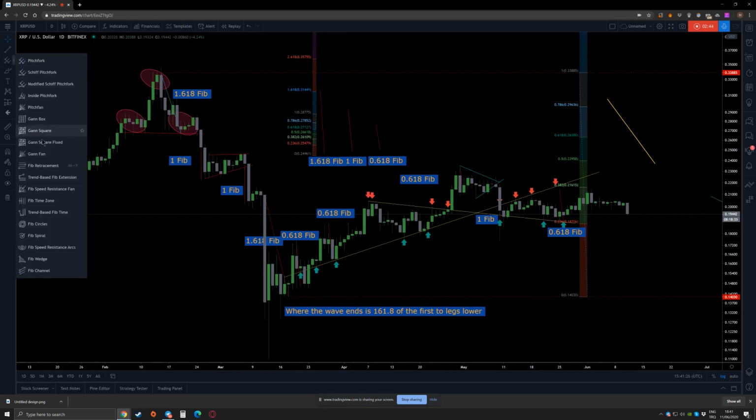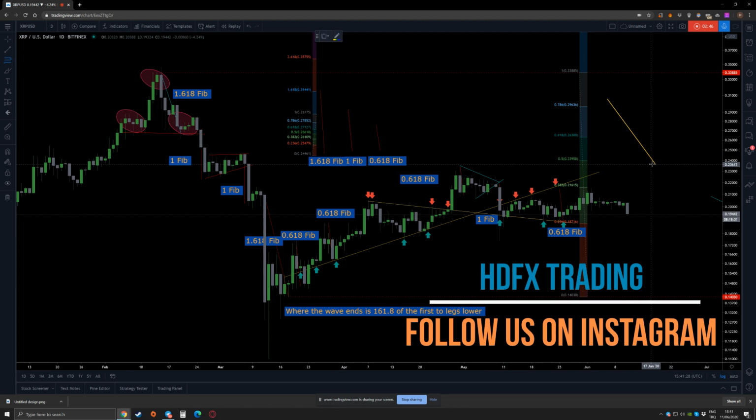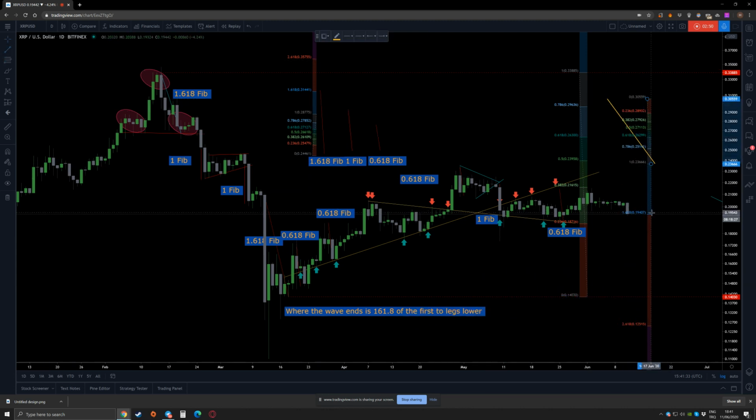Let me show it to you: fib retracement, taking it like this and taking 161.8 of it. Is it like this? Oh, no, I'm sorry, this is 618. This is where this level ends. Yes, I'm sorry, this is where the level ends.